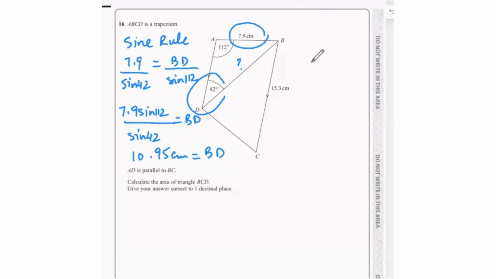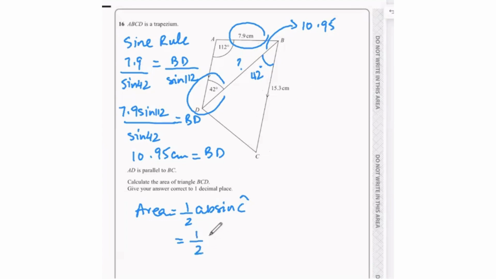If you remember a property of parallel lines, in parallel lines, alternate angles are equal, especially when a transversal is passing through them. So BD acts as a transversal for the parallel lines AD and BC, which means this will also be 42. Since we now have the length of BD, which is 10.95, we can use the formula for the area of a non-right angle triangle, which is 1/2 times a b sine of angle C. In order to apply this formula, we need two lengths and the angle between them, which is exactly what we have now.